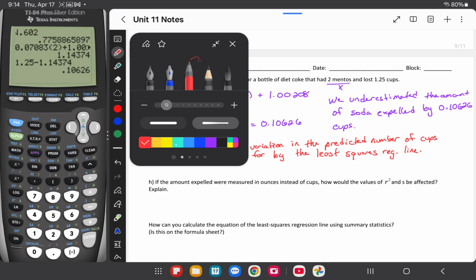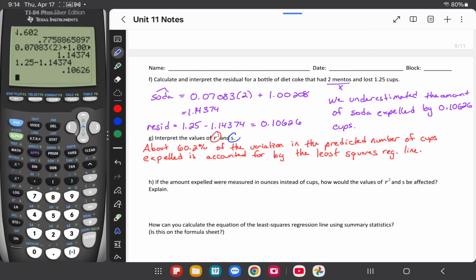Next, let's interpret S. Remember, S is the standard deviation of the residuals. From that previous page, we can see that S is 0.0672442.